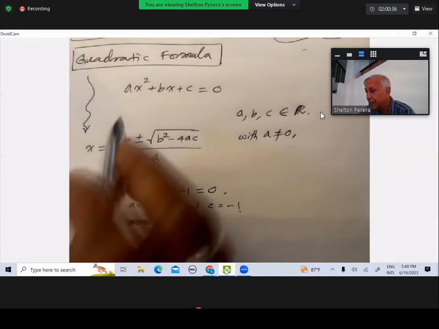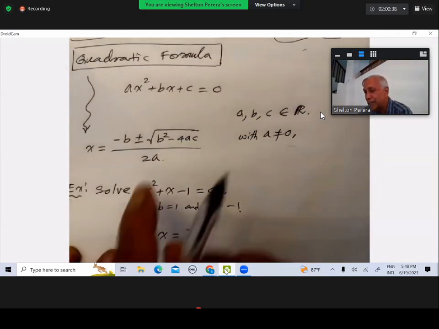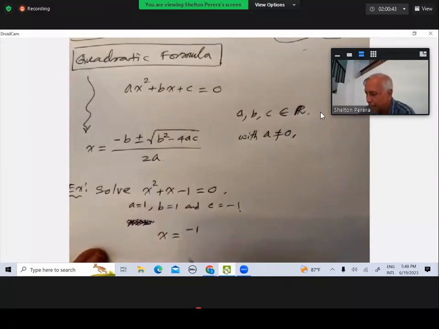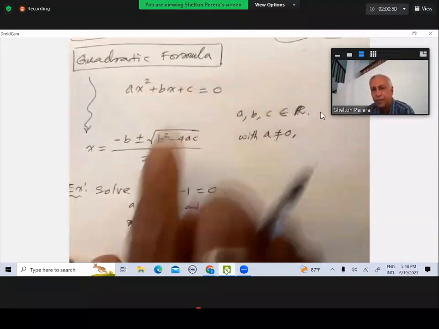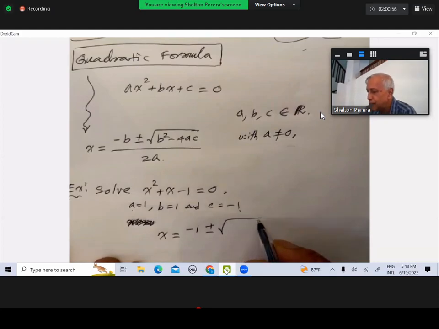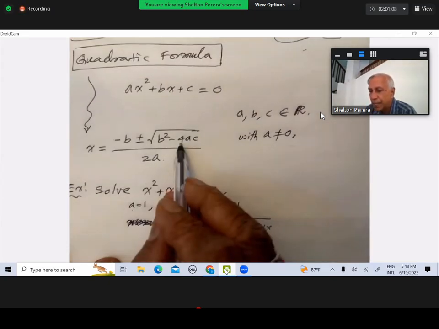Okay, so the completing the square method is what justifies this. How to prove this is to do that. But since you have done that for O level, we shall straight away concentrate on the quadratic formula, from which we can write down the solutions quickly. Plus or minus square root of b squared. b is 1. So 1 squared minus 4 times a is 1. 4 times ac.